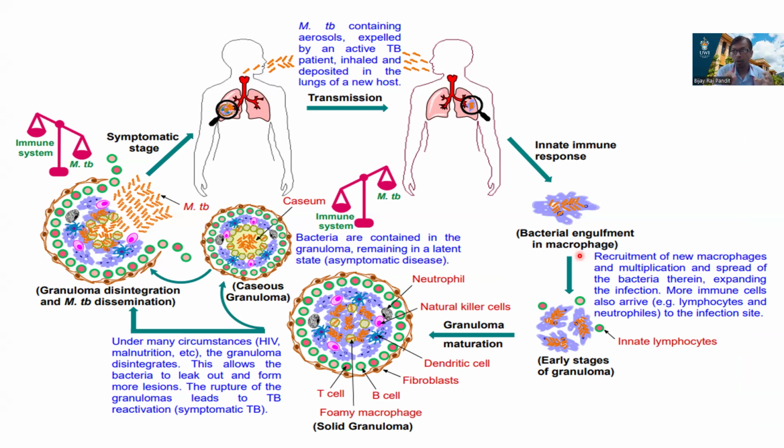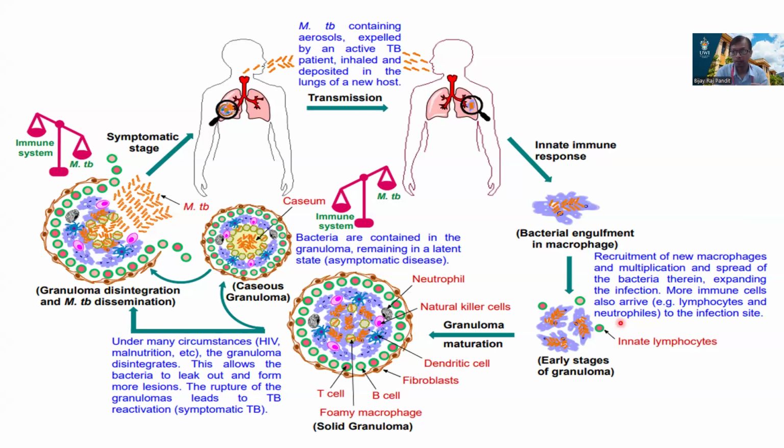So the cycle is continued. During the cycle of engulfment by the macrophages and multiplication of Mycobacterium tuberculosis, other immunological cells like lymphocytes, neutrophils, natural killer cells, and dendritic cells come to the infected site.